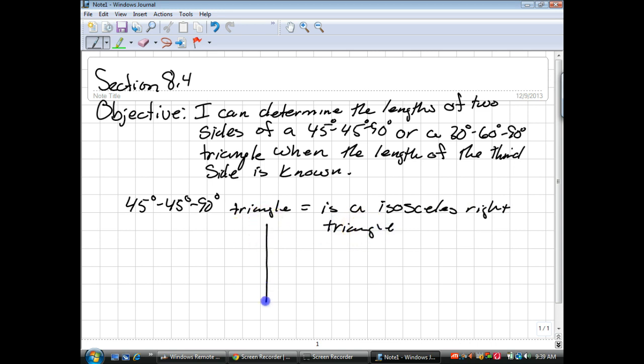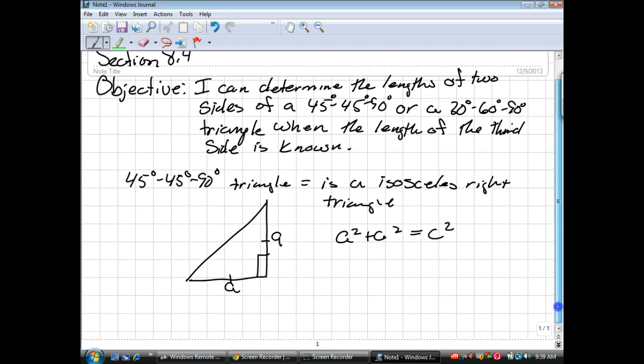And so, if it's isosceles, then the two legs are the same length. So we're going to say that's length a. By the Pythagorean theorem, a squared plus a squared has to equal c squared, or the hypotenuse squared.